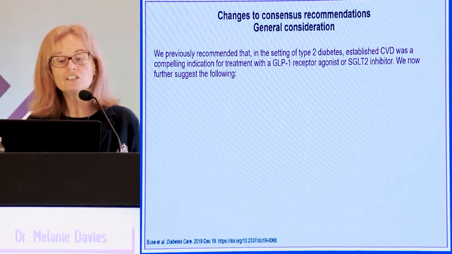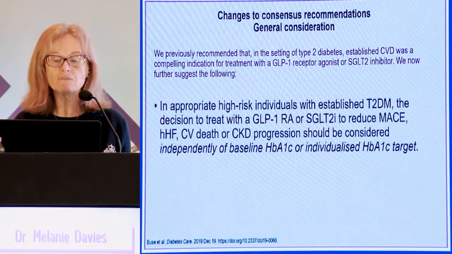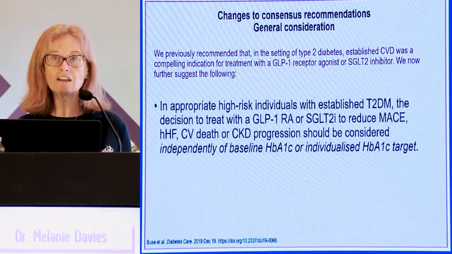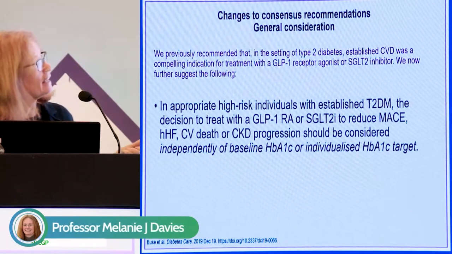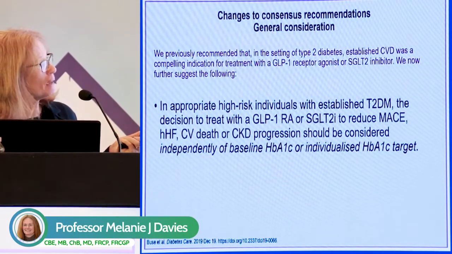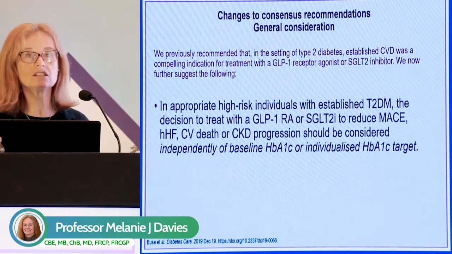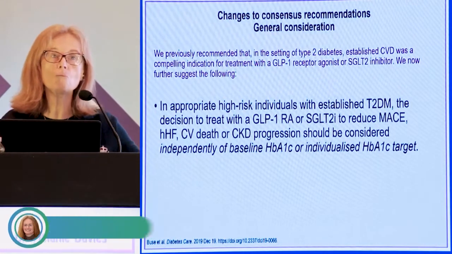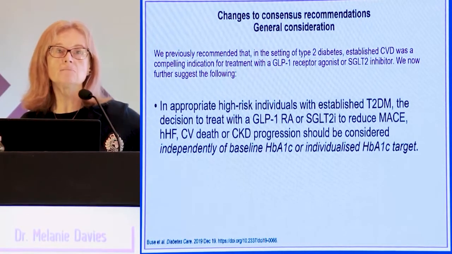So what changes have we made? Well, the first thing we've said, which I think is a significant change, is that we should be using these agents independent of baseline A1C or individualized targets. So we shouldn't wait for the A1C to be out of control.